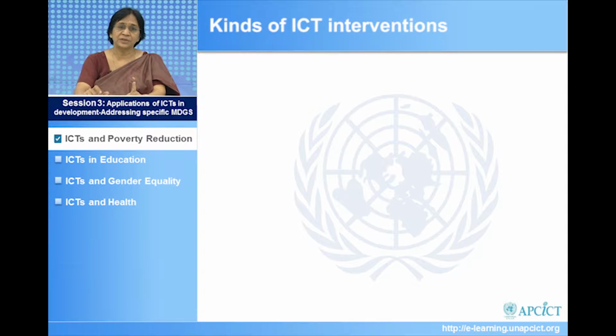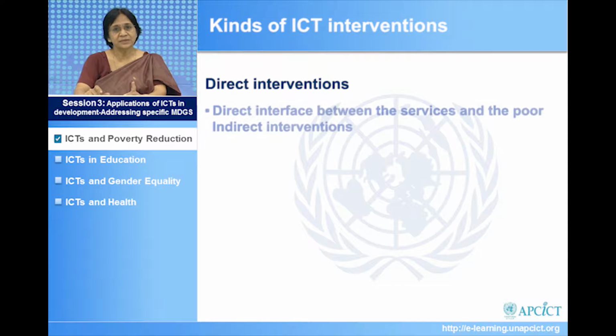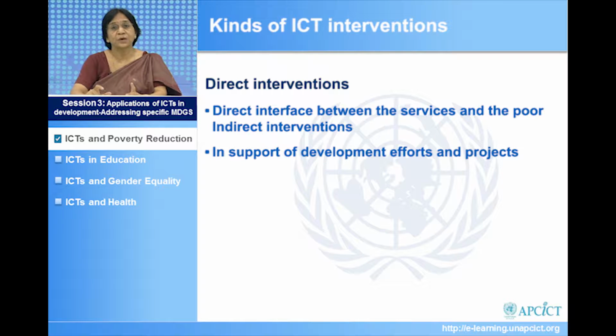The direct intervention is when there is a direct interface between the services that are provided by the ICT and the poor who are accessing the ICTs. Indirect interventions are when ICTs are used in order to support an existing project or program or a goal.